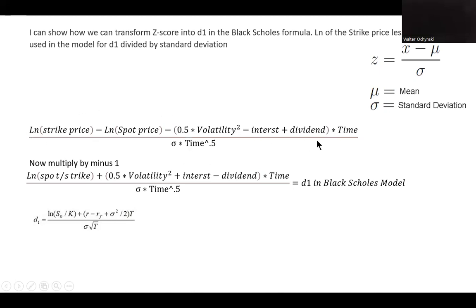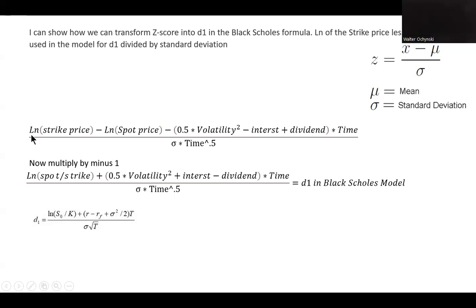If I take this equation and multiply this with minus 1, and according to the logarithm law, I don't need to write logarithm 1 minus logarithm 2. I can take them and divide one by the other.